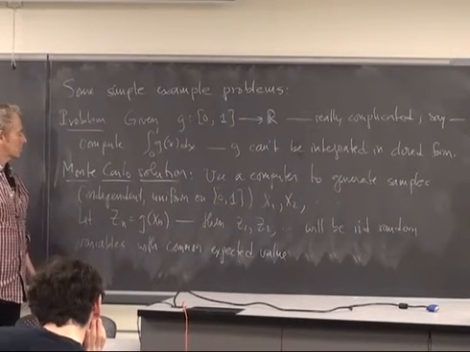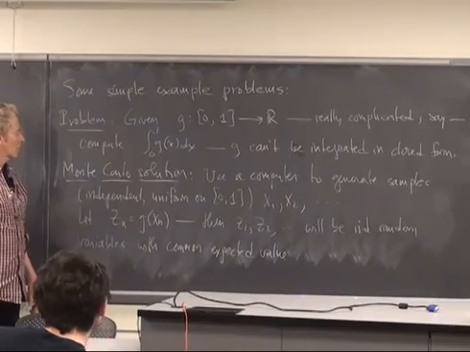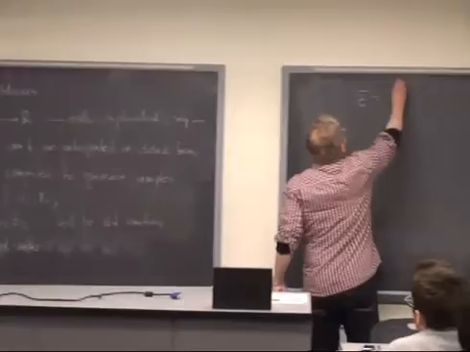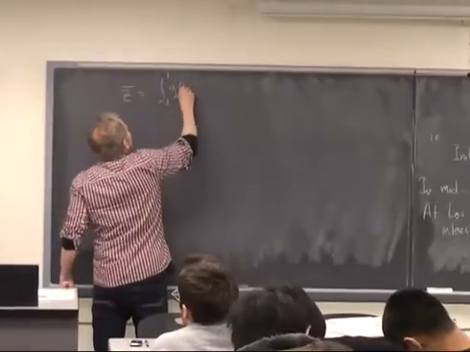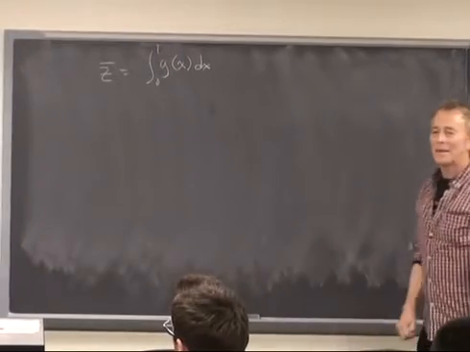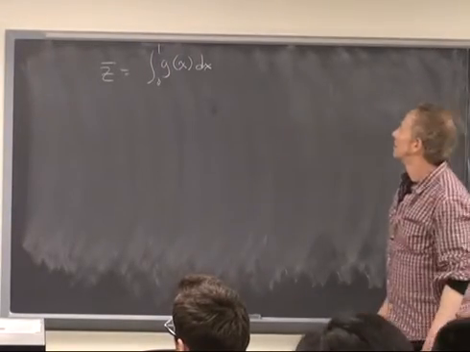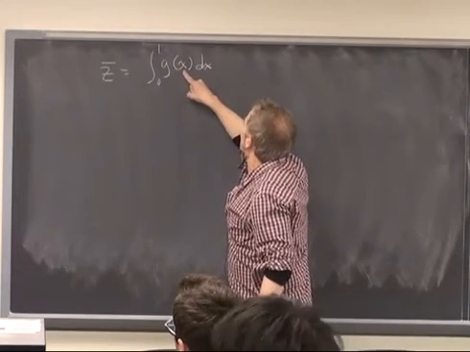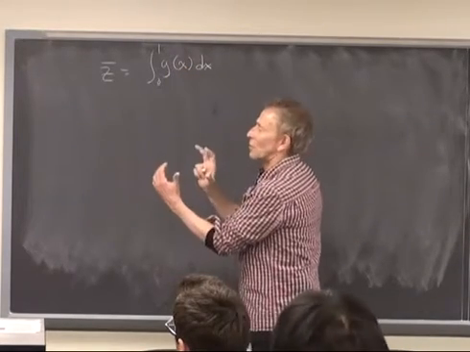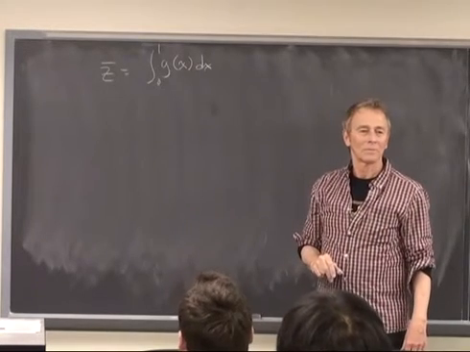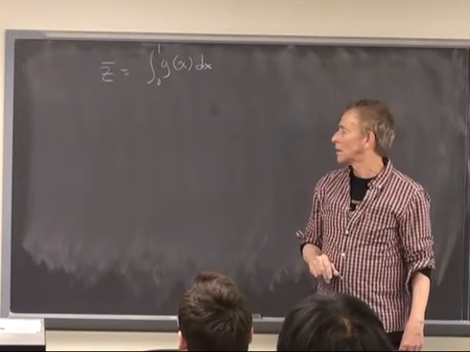The expected value of g of x is just going to be the integral from 0 to 1 of g of x dx, if this is the mean of the random variable that is g of a uniform random variable on 0, 1. Okay?